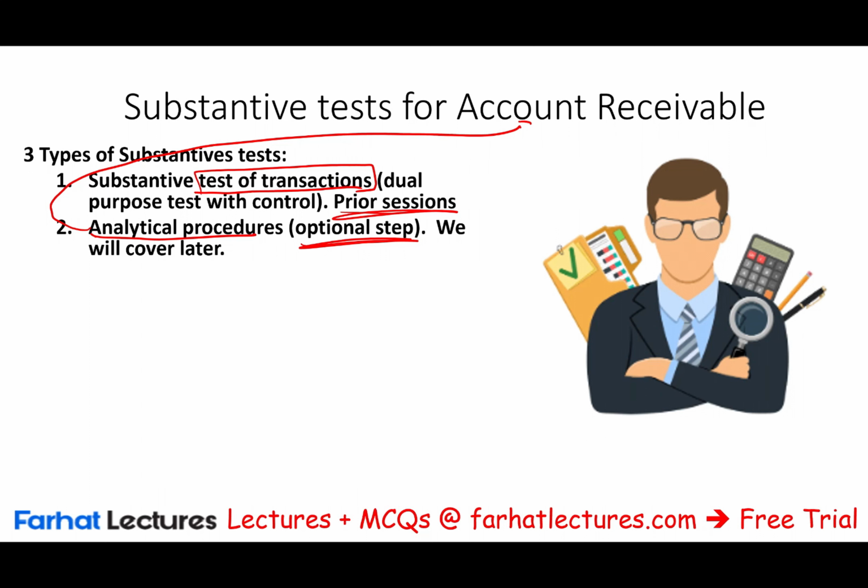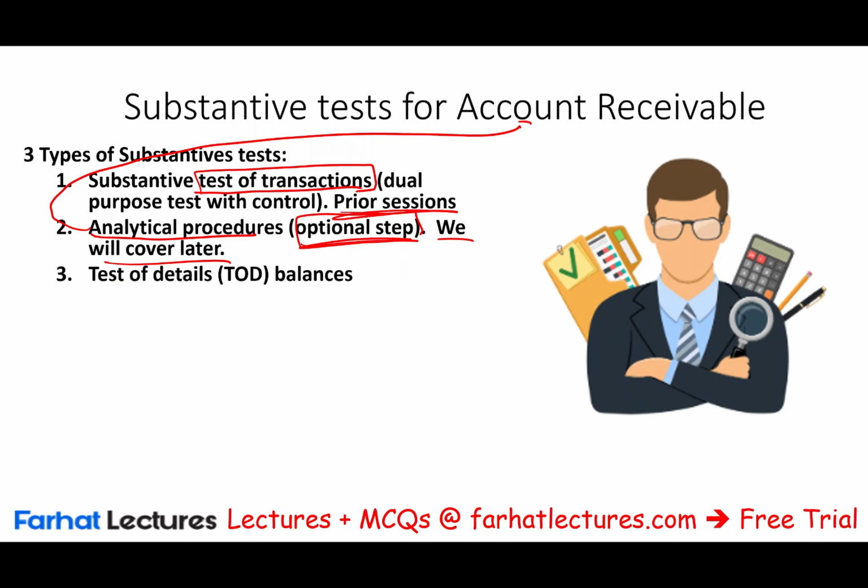In between is when you are testing the balance. That's an optional step. And we will cover later what type of analytical procedures you can run for account receivable/sales, because they go hand in hand because of the double entry accounting. And remember, analytical procedure is an efficient, cost-effective way. You may not want to rely on it all the time, but it's a method.